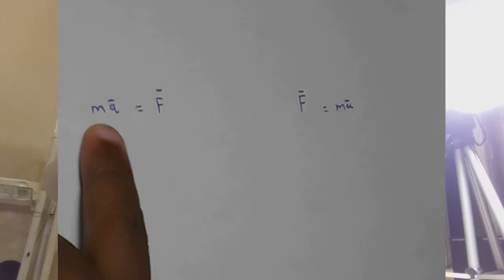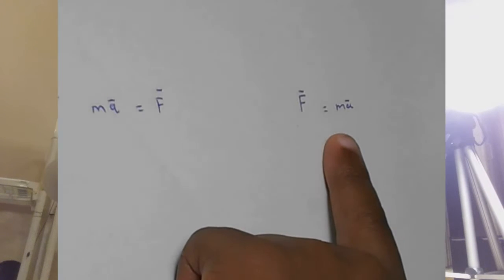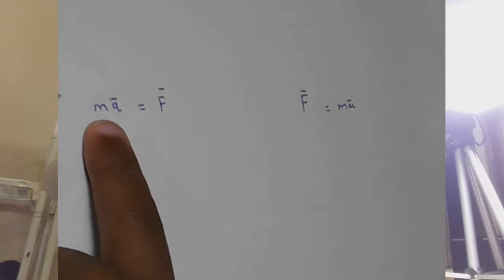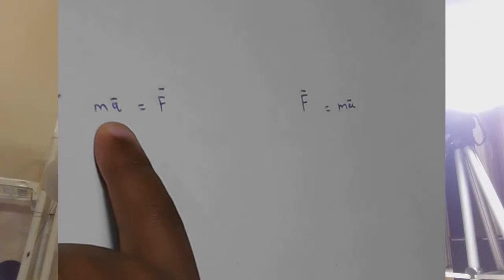So if you write it this way in theoretical mechanics, starting with force is equal to mass multiplied by acceleration, they will tell you it's wrong. And if you do the other way around, if you write mass multiplied by acceleration is equal to force in physics, they will consider you wrong.